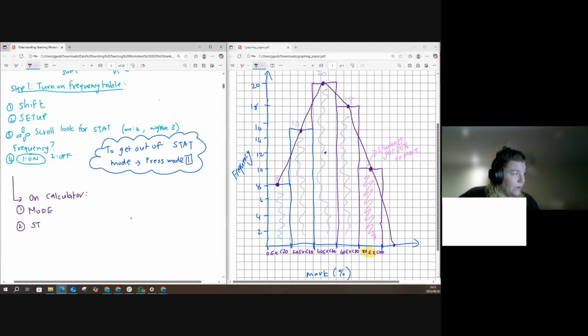So wherever your number is for stat, you're going to click that. And then we're going to click 1, where it says 1 var. So you're going to just click the number 1. And then you're going to start inputting your variables, so you're going to input your data. And after you input a piece of data, you push the equal sign.